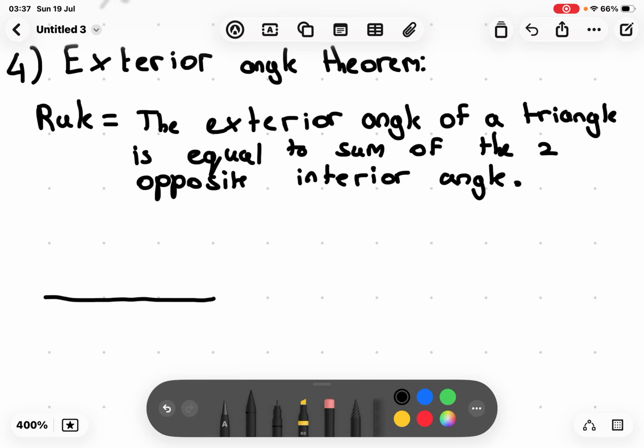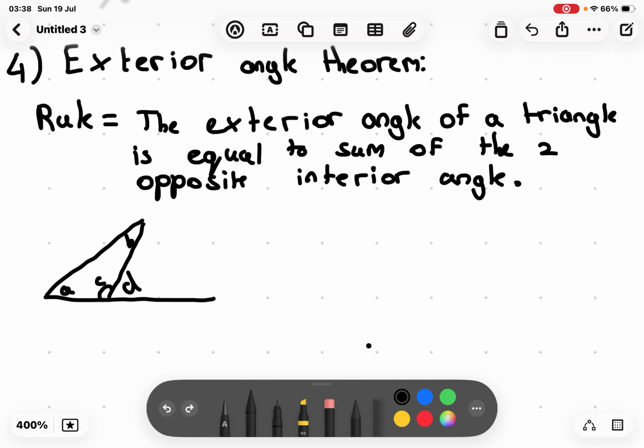So, let's say something like this. So this is C, this is A, this is B, right? And we have the exterior one. So the exterior angle of our triangle is equal to the sum of the two opposite interior angles. So not this one, the opposites. So these two are opposite this one.